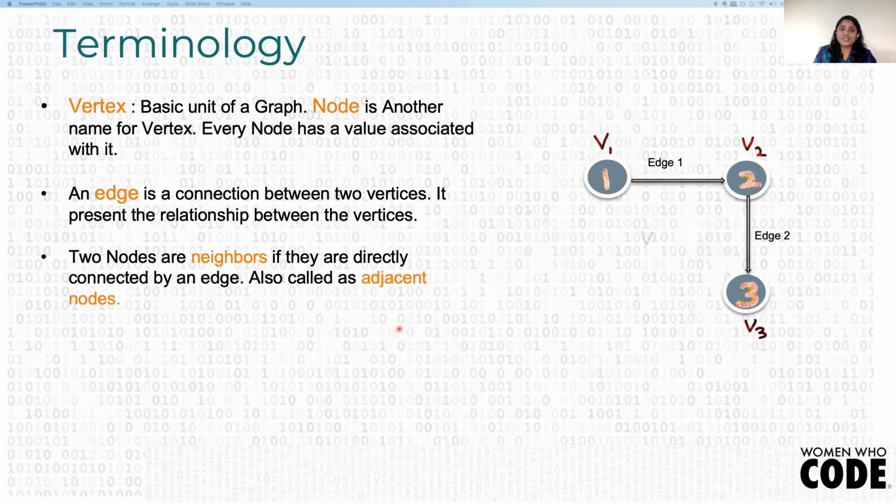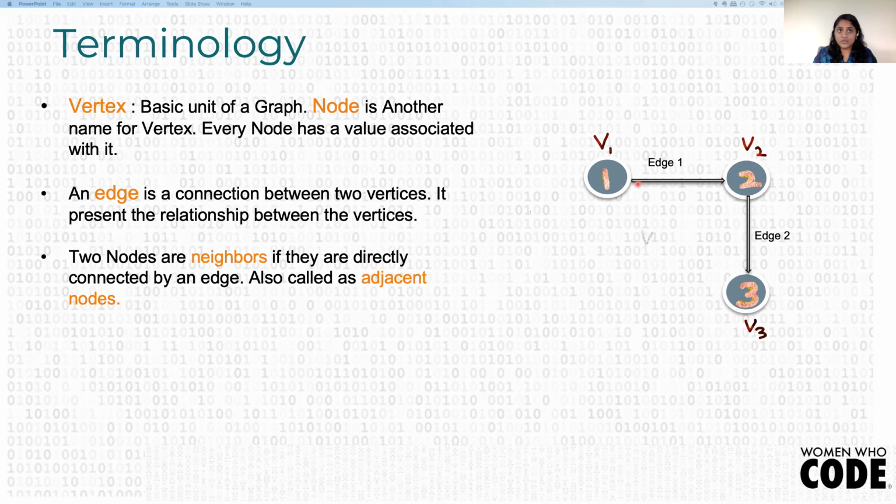Okay, let's go over some terminologies associated with graphs. The basic unit of the graph is called a vertex, also called a node. Every node is connected by an edge. So an edge is basically the connection between two nodes. V1, V2, V3 are the vertices, also called nodes, and there is a connection between them.